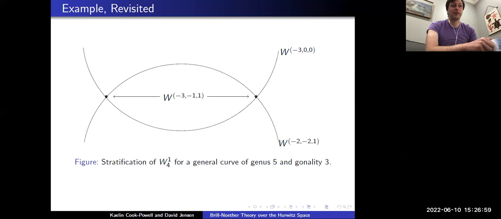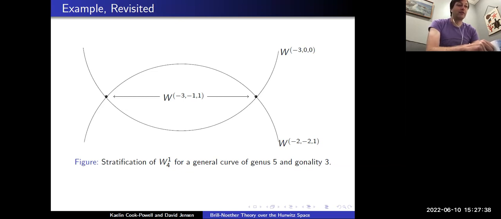Put another way, if you subtract off the g13, the line bundle is still effective. The Serre duals of such line bundles have splitting type -3, 0, 0. And in the partial order that I was describing earlier, -3, -1, 1 is less than or equal to the other two splitting types.